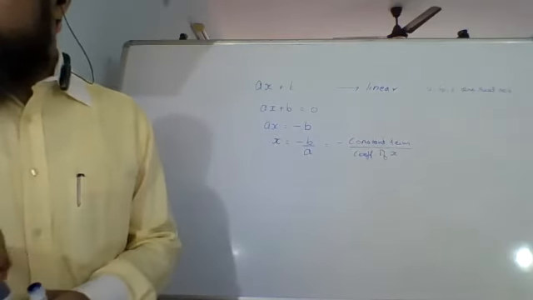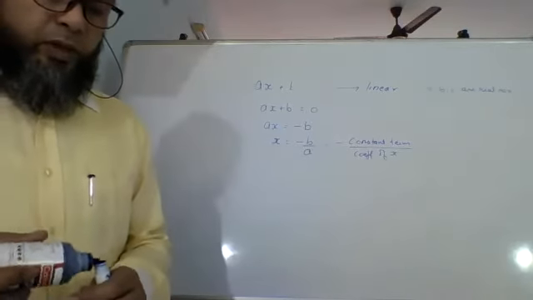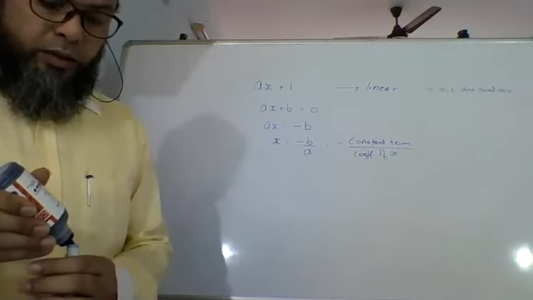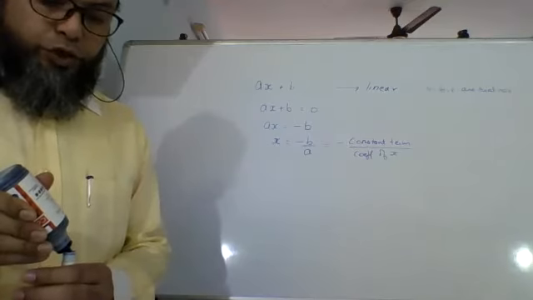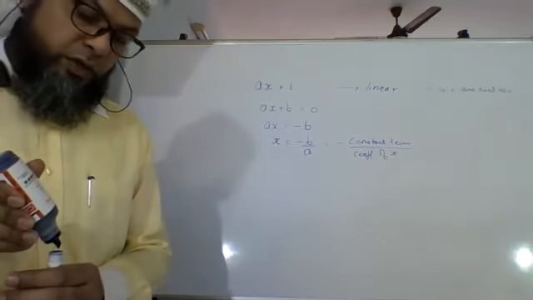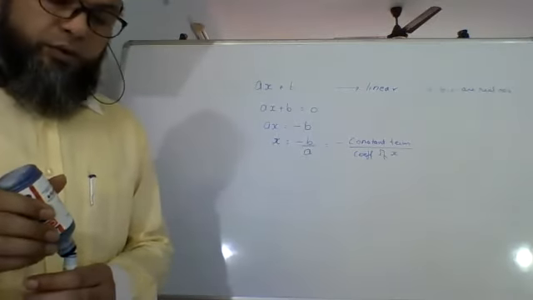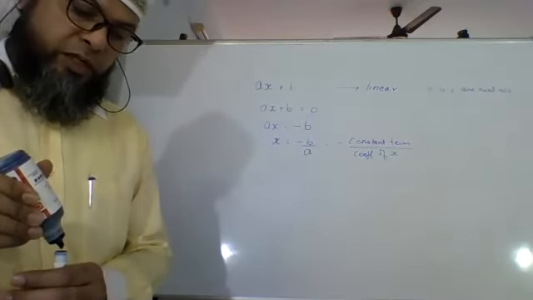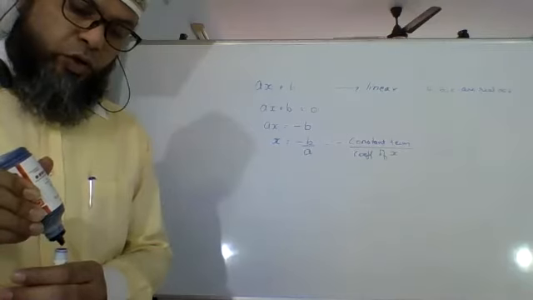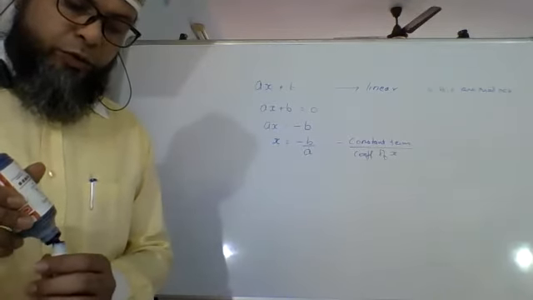Now you can try this out. For example, if you just have a polynomial 3x plus 12, at what value of x will you get it equal to 0?